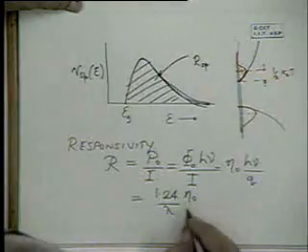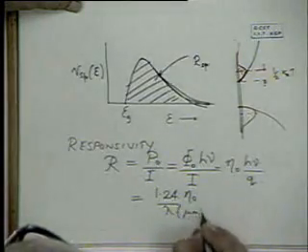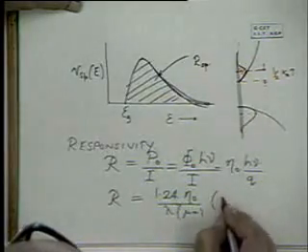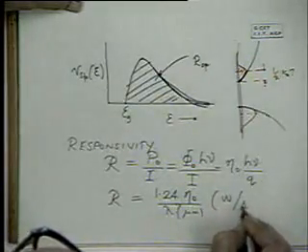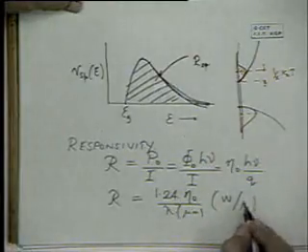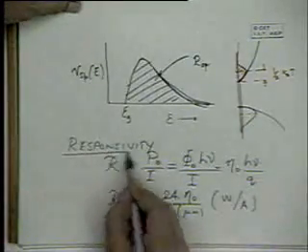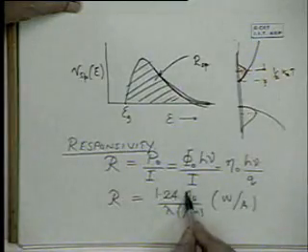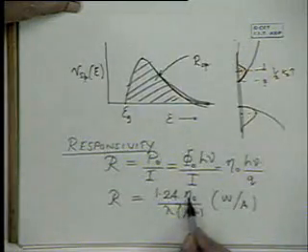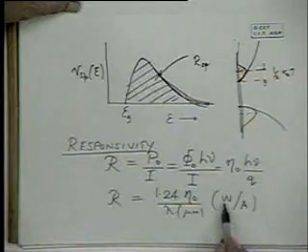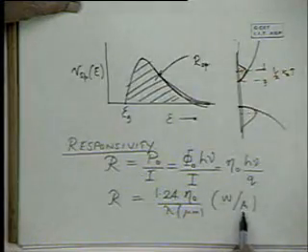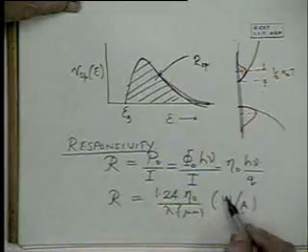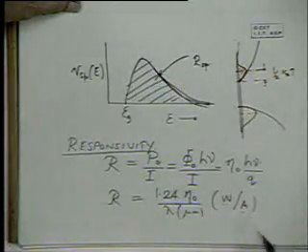So if lambda is in microns, the responsivity is given in watts per amp. So responsivity of a diode is a similar expression, 1.24 eta_0, this is the quantum efficiency, by lambda, in watts output over amps input. Whereas for a photodetector, it's the other way around. It's amps detected over watts incident.